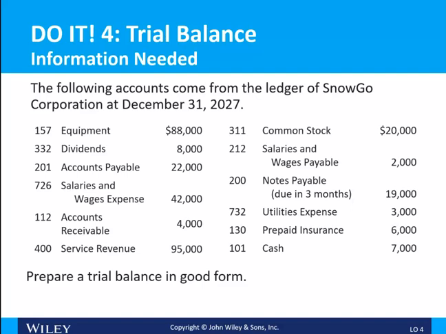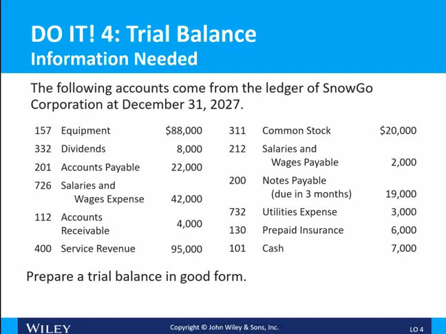So assets have a normal debit balance, liabilities have a normal credit balance, common stock, retained earnings, and revenue all have credit balances, dividends and expenses have debit balances. So again, it goes back to DEAD.